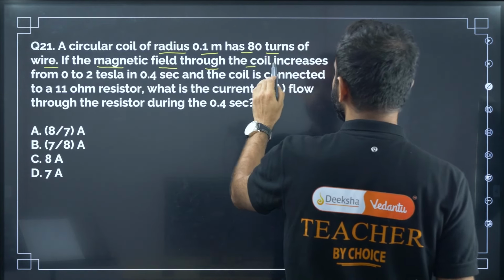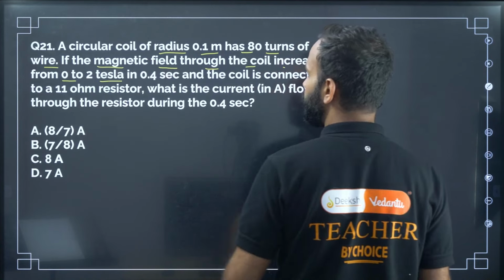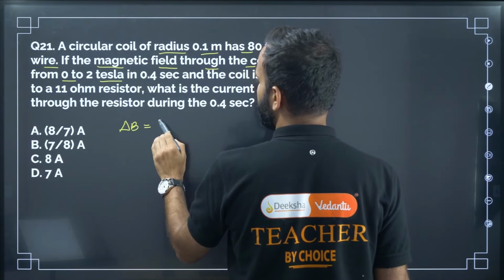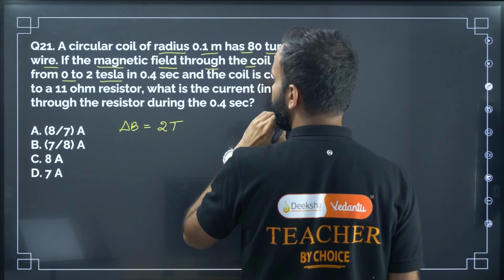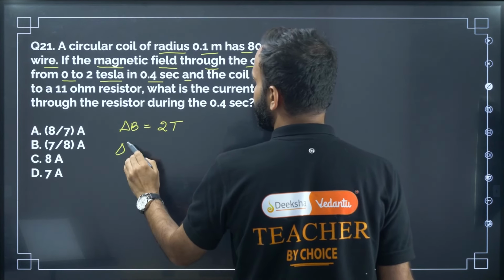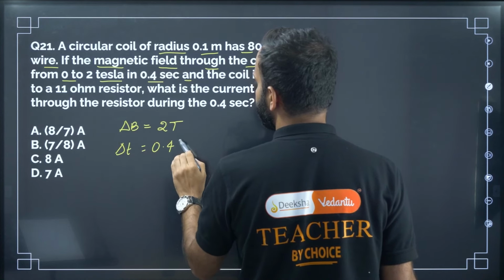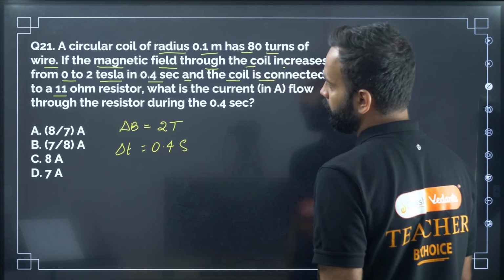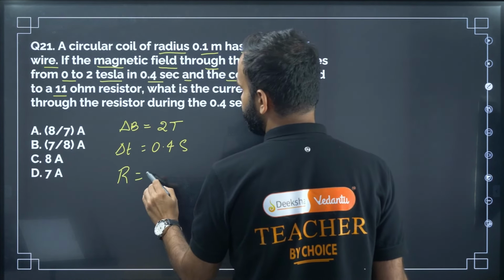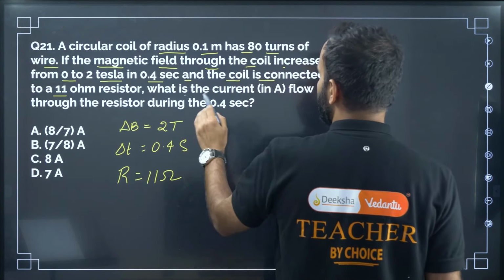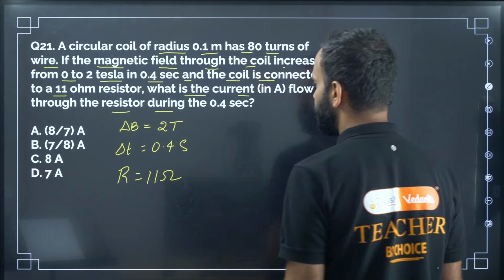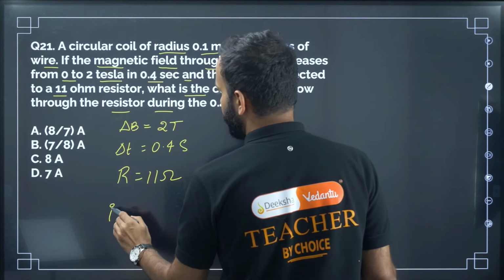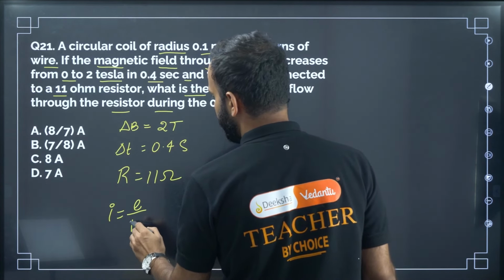If the magnetic field through the coil increases from 0 to 2 Tesla, that is delta B equals 2 Tesla, in 0.4 second, that is delta T equals 0.4 second, and the coil is connected to an 11 ohm resistor, R equals 11 ohm, what is the current flow through the resistor during the 0.4 second? We need to find the induced current. Induced current I equals induced EMF divided by R.